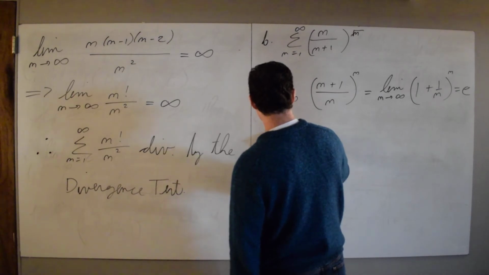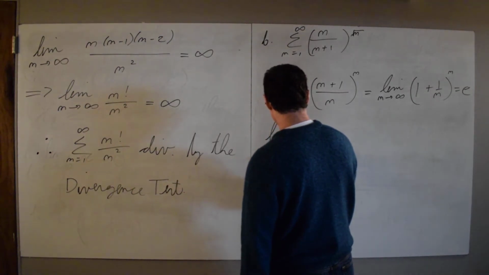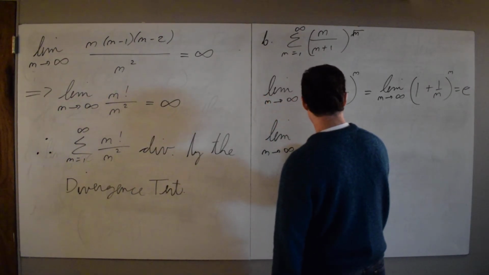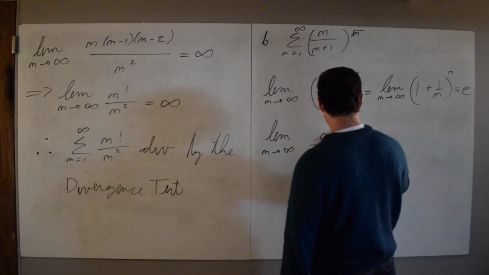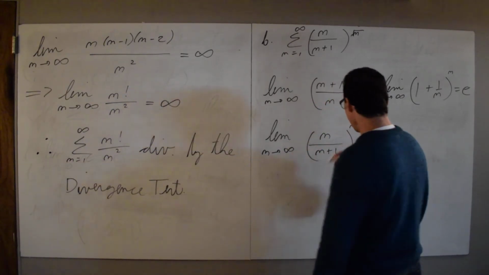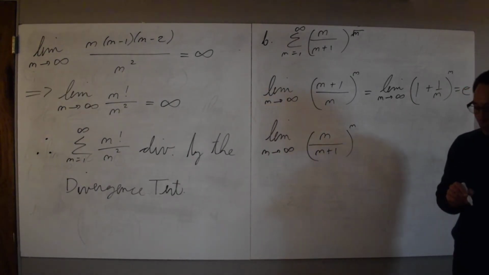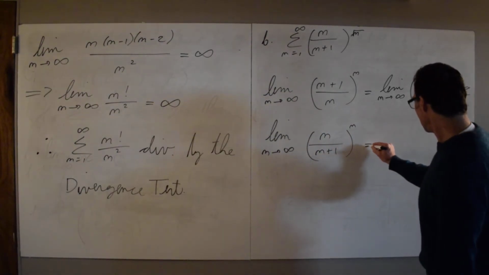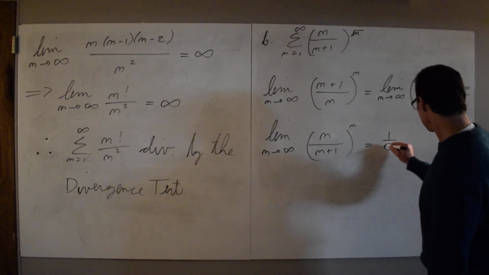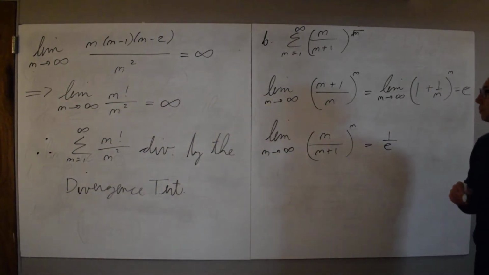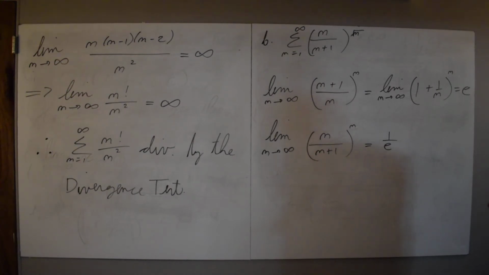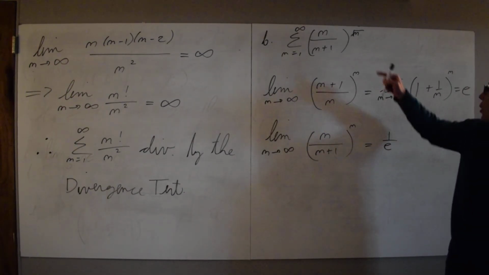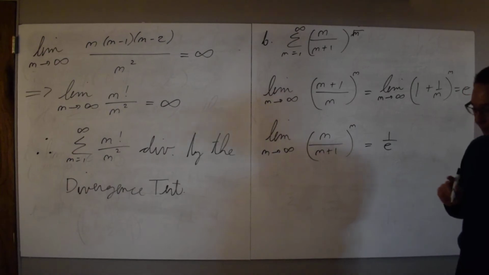This means that the limit as n goes to infinity of n divided by n plus 1 to the nth power is the reciprocal of this one, which is 1 over e. When we look at the sequence, we're going to compare this sequence to this one.